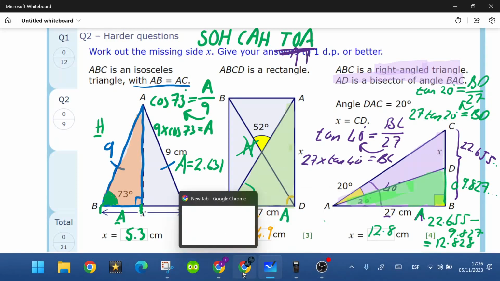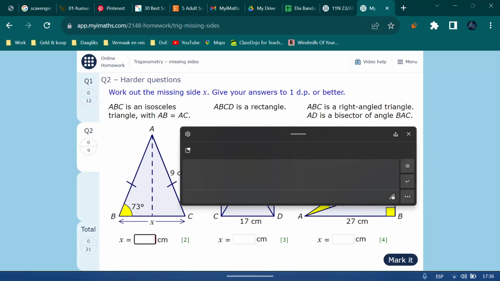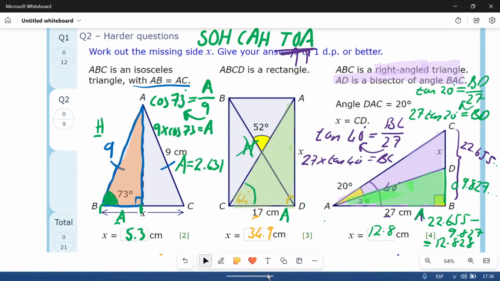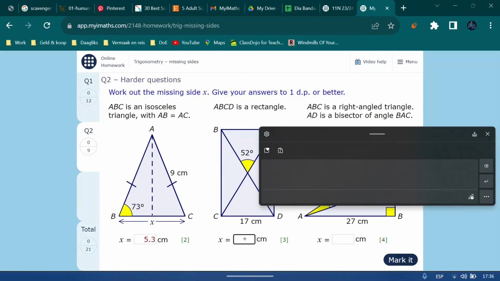Let's just, for fun, see if you're right. The first one I said was 5.3. Yeah, that went right. The second one, we said that was 34.9.